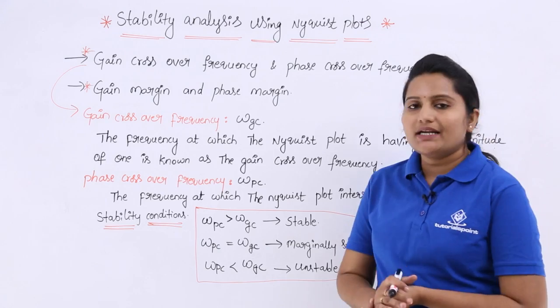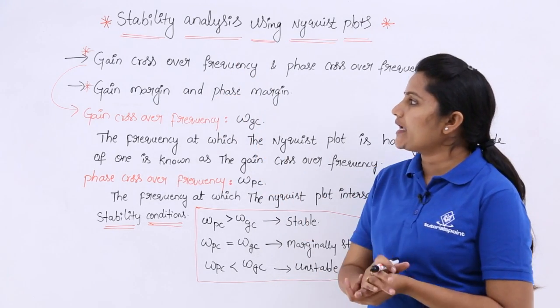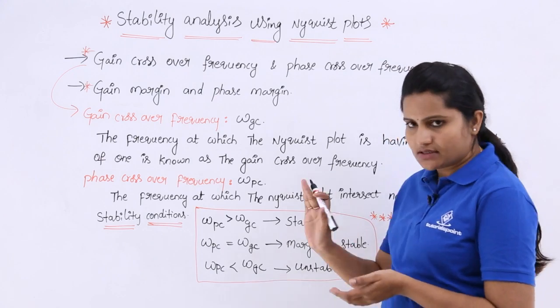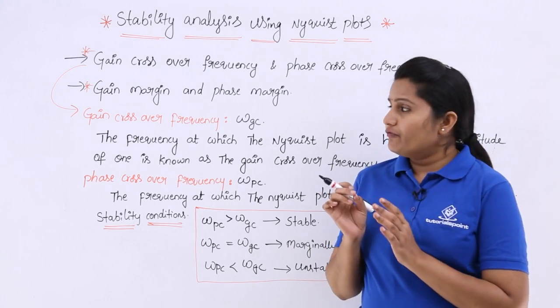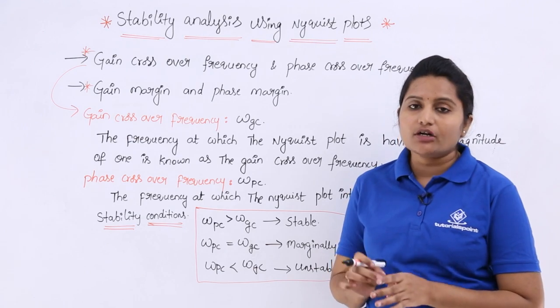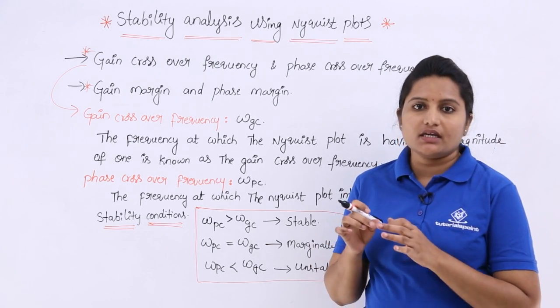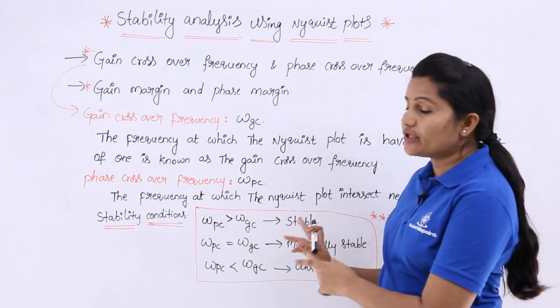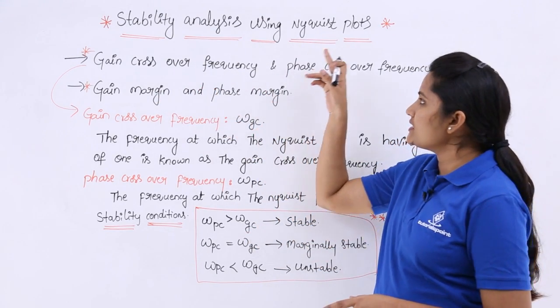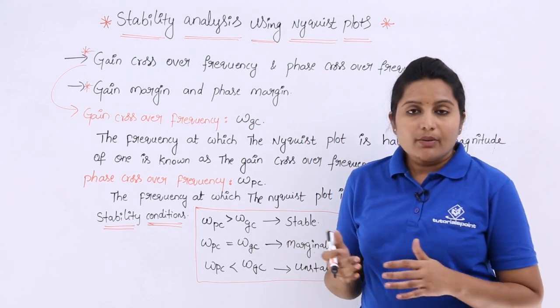Now, the stability conditions according to gain crossover frequency and phase crossover frequency will be like this. Up to now, we analyzed stability of the Nyquist plot by using poles and by using the critical point. Now, we are going to analyze the stability by using gain crossover frequency and phase crossover frequency.